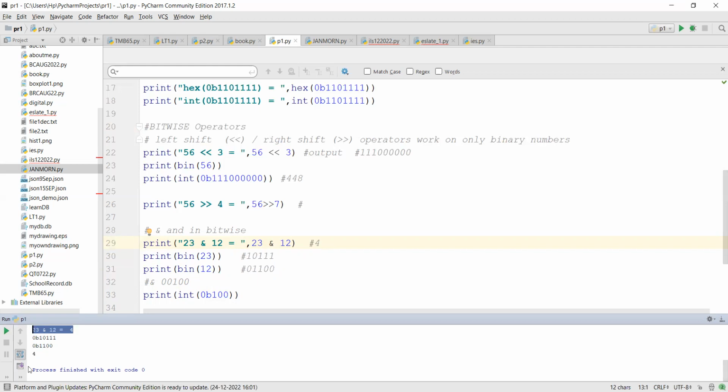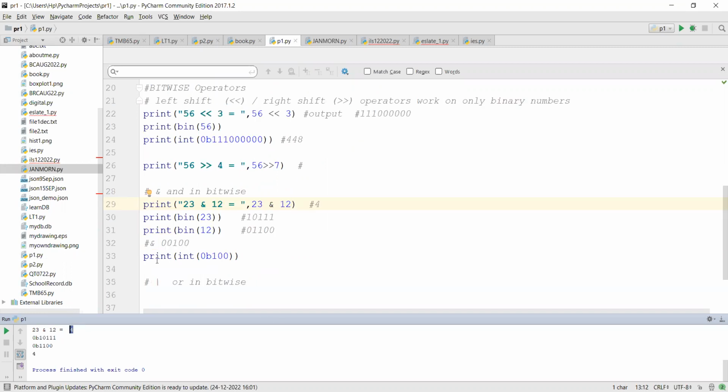So that's how you got 23 and 12 equal to 4. We are not going to use it, but again, this is very useful when you are doing password encoding and decoding. Okay. So this is how you can do bitwise AND.